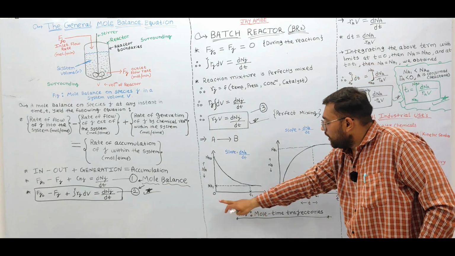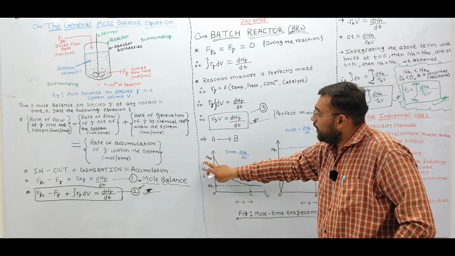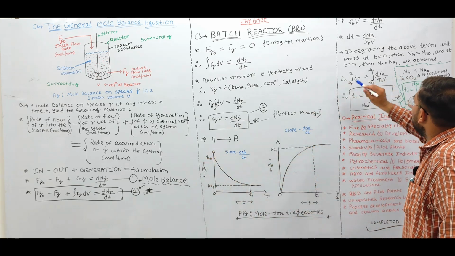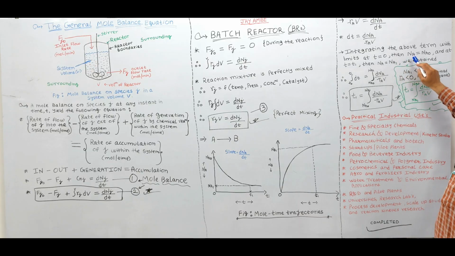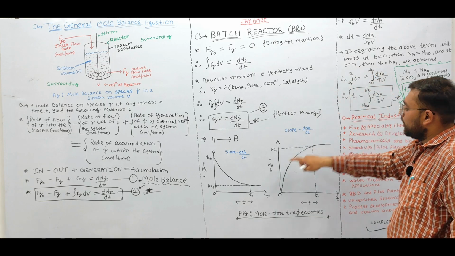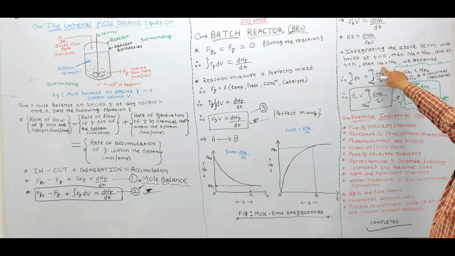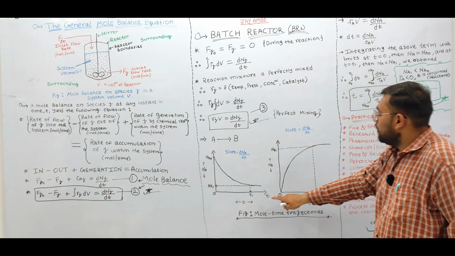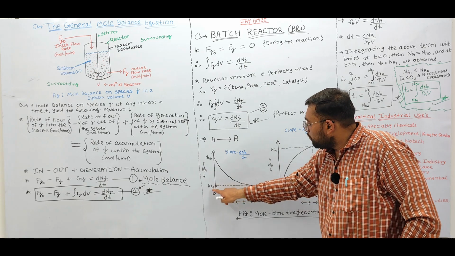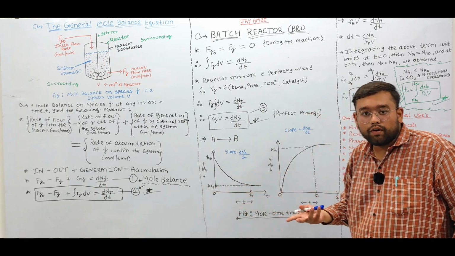The limits are: at time t equal to 0, we have Na equal to Na0, which means the number of moles of species A is equal to the initial amount of moles. And at time t equal to t1, the number of moles of reactants will be equal to Na1.